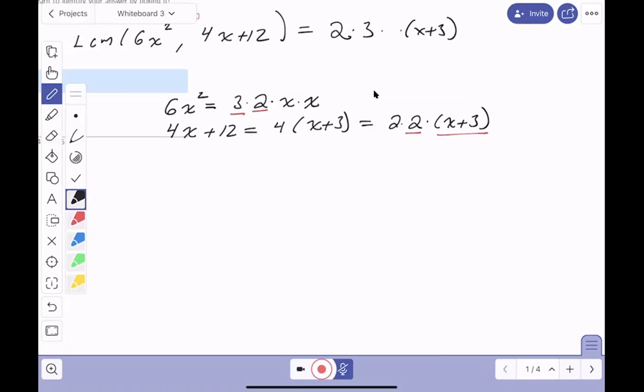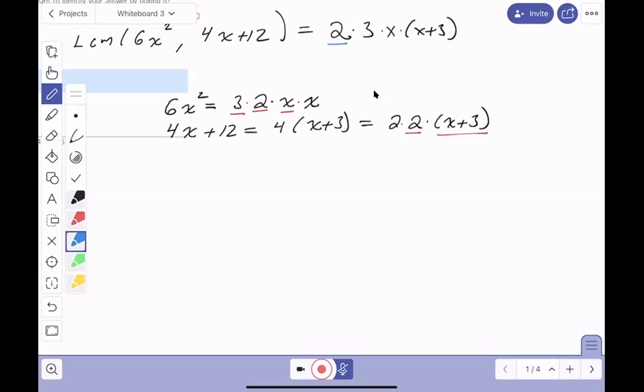The other factor I see is x. If you go back over the notes and say it must contain those factors, this is where a lot of students trip up. Here's what it says: the maximum number of times it occurs in any one factorization.